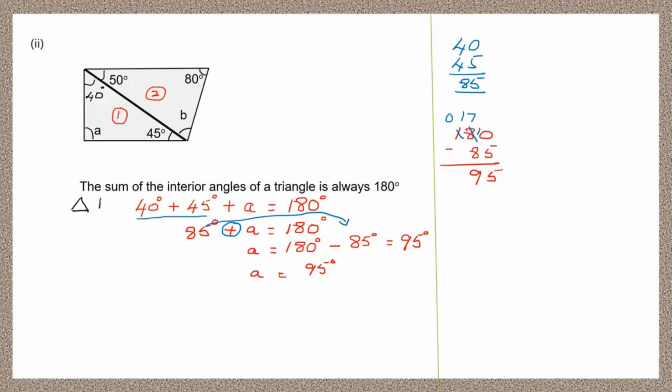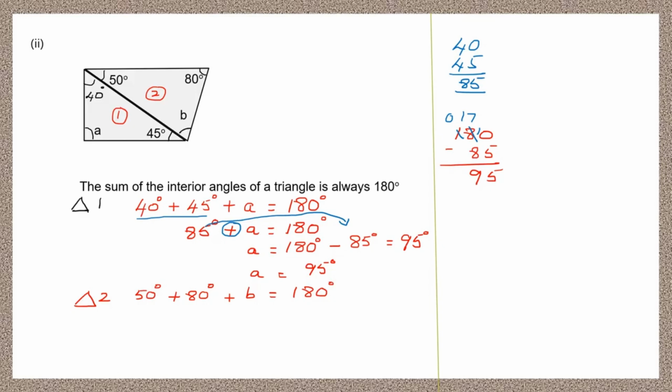Now let's go on to triangle 2. Because our unknown angle there is B. Okay, so follow the same property. The sum of the interior angles of a triangle is always 180. So let me add up 50 degrees plus 80 degrees plus B is equal to 180 degrees.